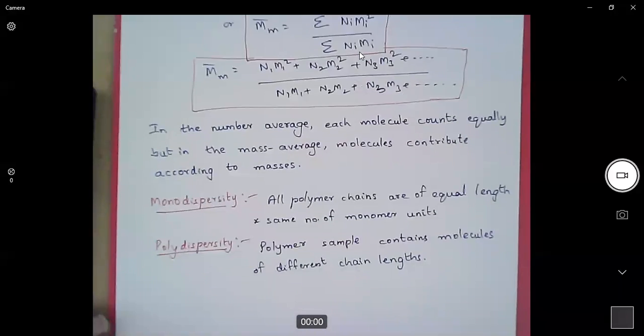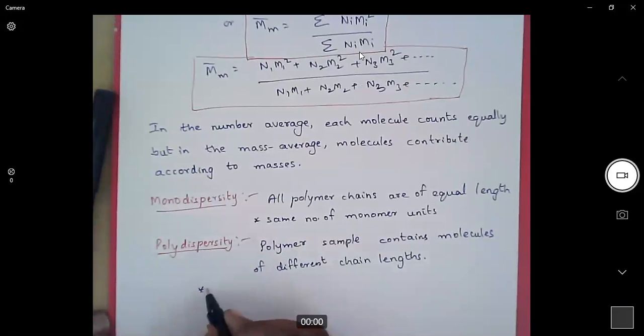That means each polymer molecule has a different number of monomers.